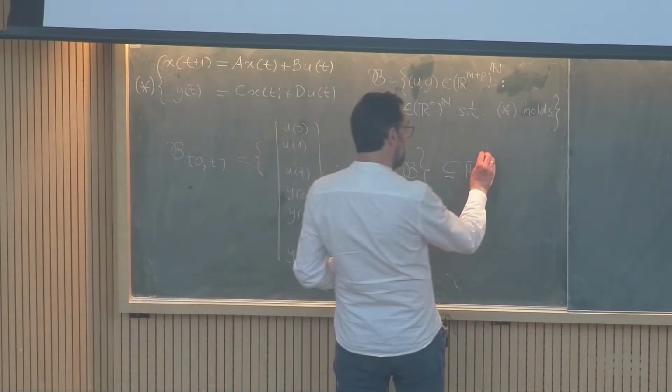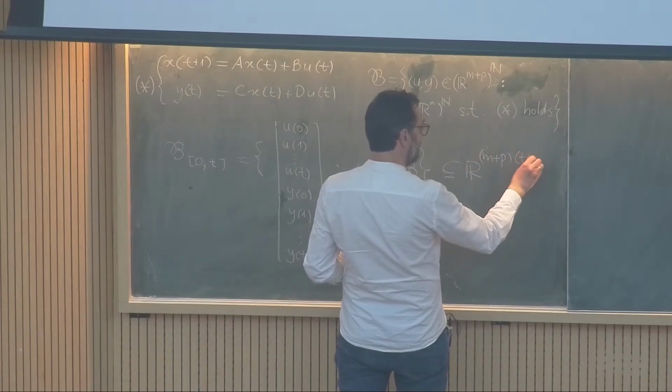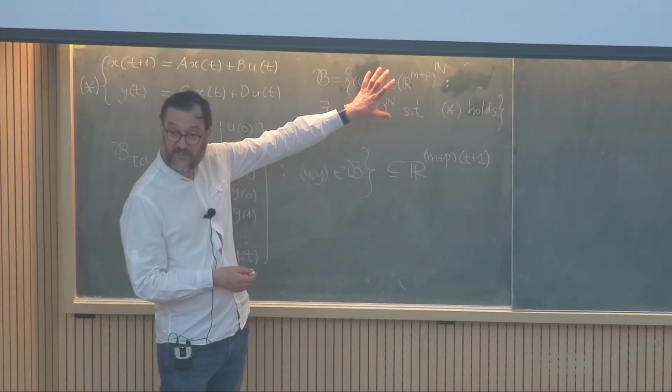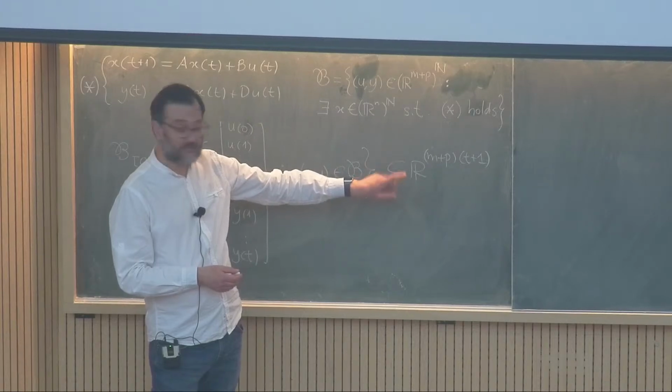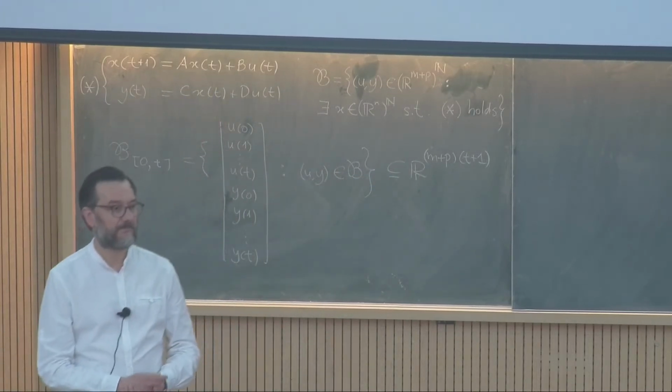So it is going to be m plus p times t plus 1. So this is a subspace of R to the power something. Okay?